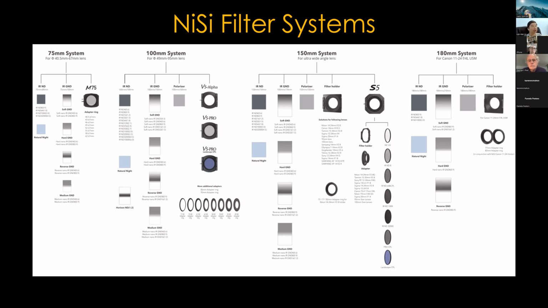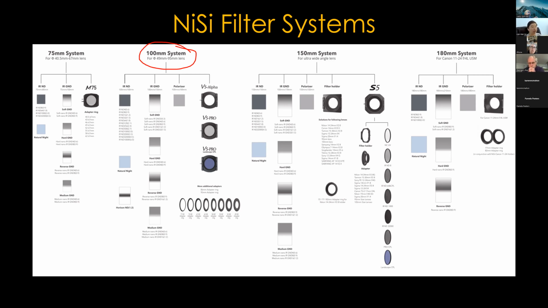In most common situations, we use this. Let me pull out a pen. This is a 100mm system. This is the most commonly used square filter system. It can fit all your lenses with a thread size of 95mm or smaller.